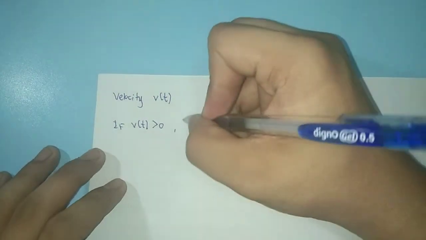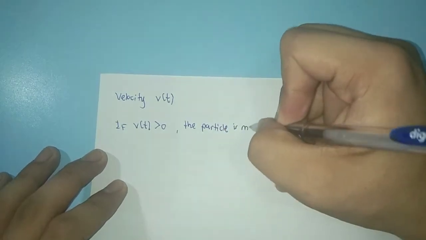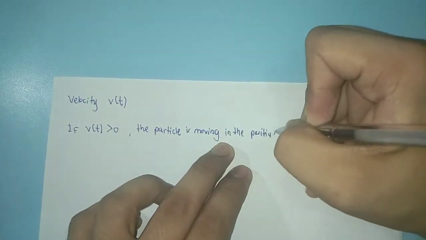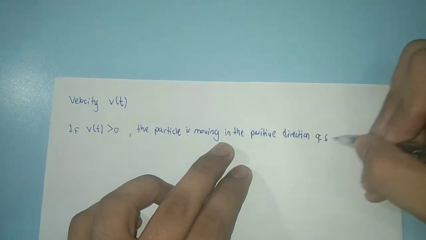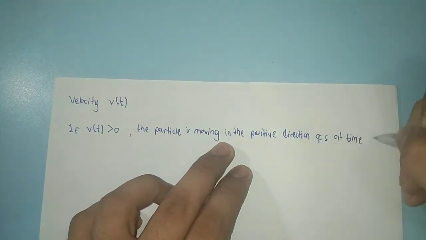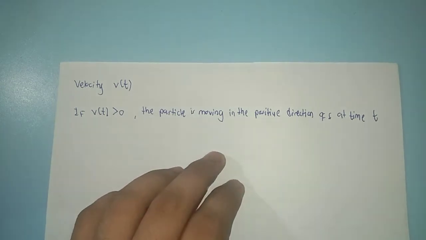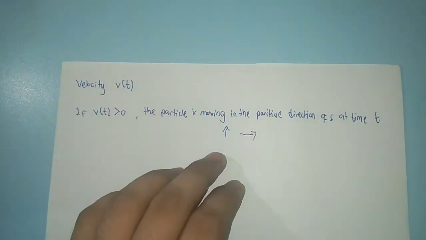So the particle is moving in the positive direction of s at time t. Usually, yung positive direction sa atin, it's either going up or to the right. So, pwedeng upward o kaya to the right yan.